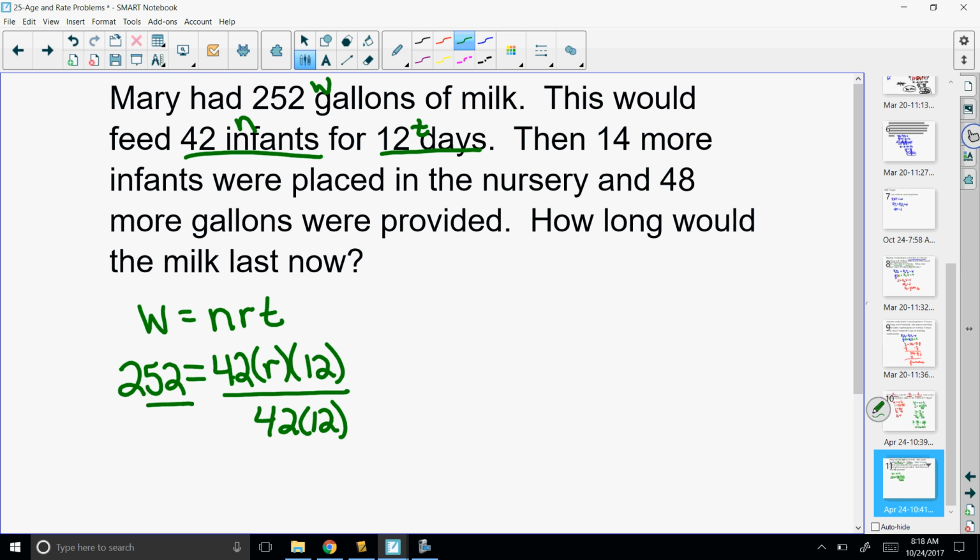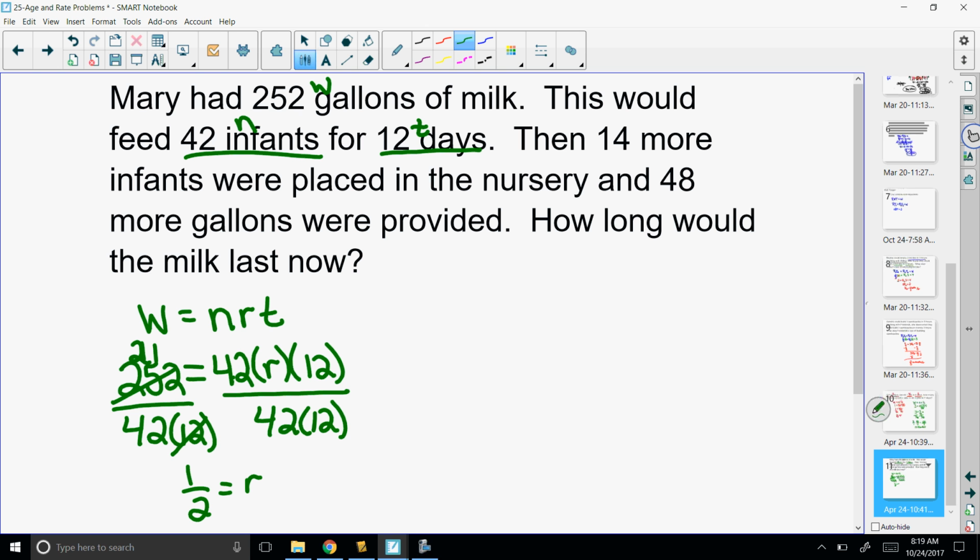The reason for that is, let's see, 12 goes into 252 times. 12 goes into 25 twice to give you 24. So 21. Now I have 21 over 42. And what's 21 over 42? 1/2. So rate is equal to 1/2.